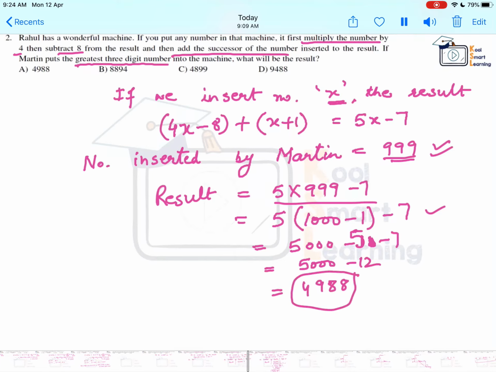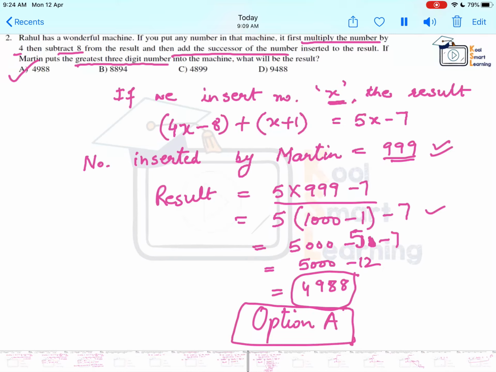So this is option A, the answer to this question. This is the technique that I told. It is very important for us to use these kinds of techniques to help simplify our problems and make the calculations faster.